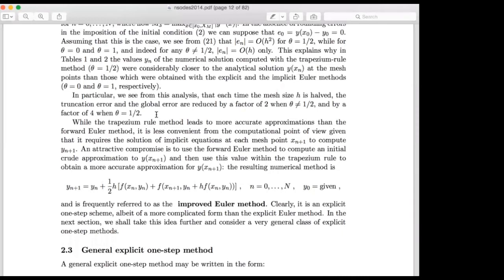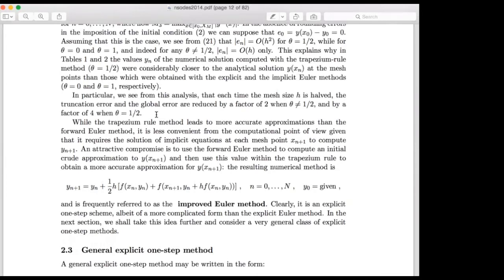In both of these 2 methods, the unknown is given implicitly, and in the case of the Euler forward method, the unknown is given in explicit form. Am I right?